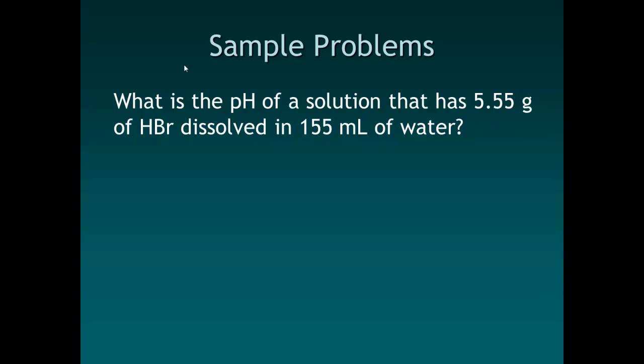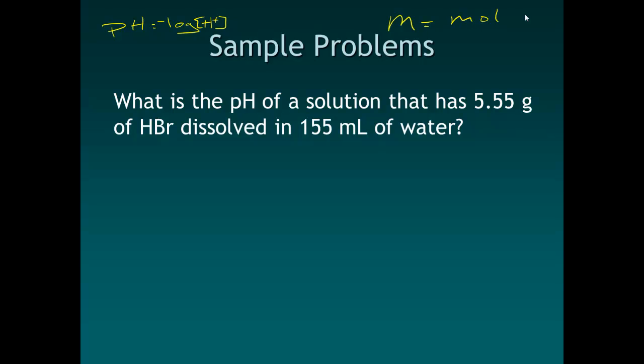Well, in order to do pH, pH is equal to the negative log of the hydrogen ion concentration. I don't have the hydrogen ion concentration. In fact, I don't have any concentration at all. So what I need to do is I need to solve for the concentration.